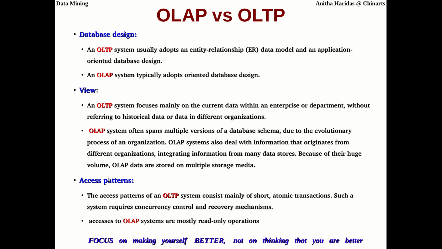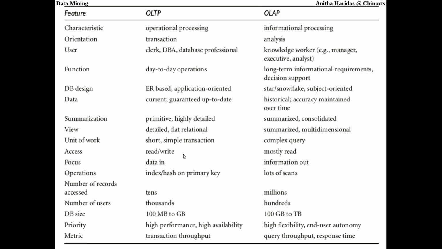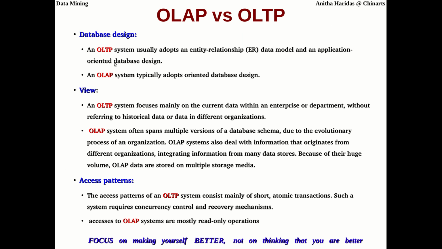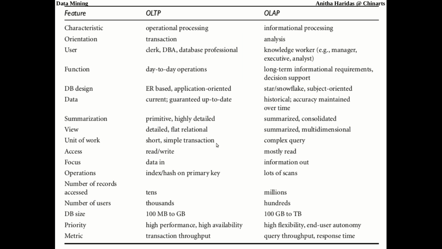So that kind of access pattern. It becomes read only, whereas here it is going to be read write. Okay. So based on users, data contents, database design, view and access pattern, this is how an OLAP and OLTP system differ. This is another tabular representation of the differences between OLTP and OLAP.